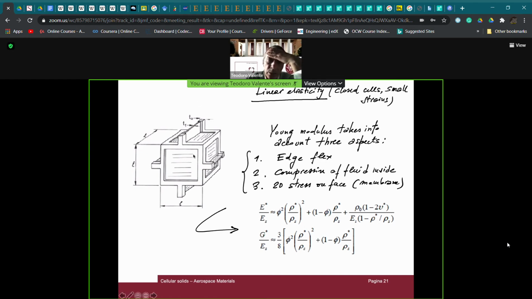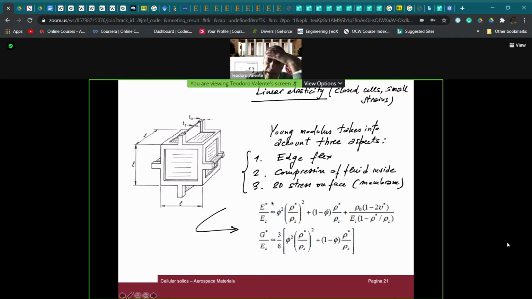So we do have the basic contribution of the edges, but in addition, the contribution in terms of resistance of the faces, and also the contribution in terms of resistance due to the compression of the fluid inside the closed cells.